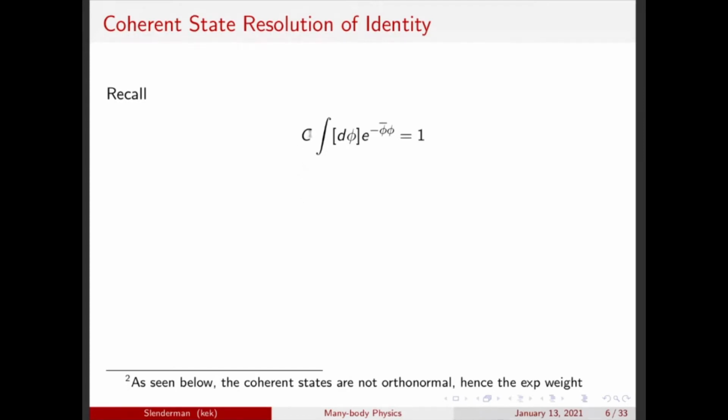If you recall, we have this Gaussian integral identity where I haven't specified this constant c. In this case, it's something like 1 over square root of pi or 2 over square root of pi, something like that. Later, I'm going to start ignoring the c's or absorbing them into this measure here, d phi.